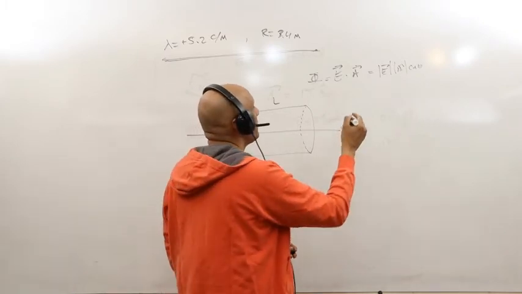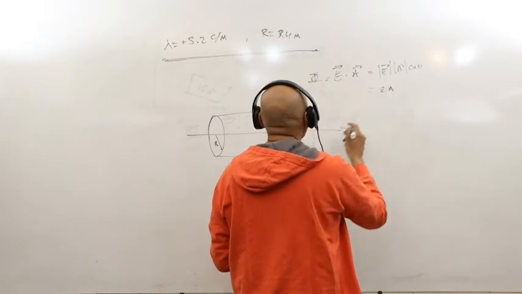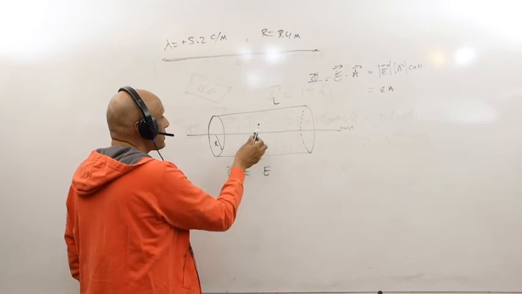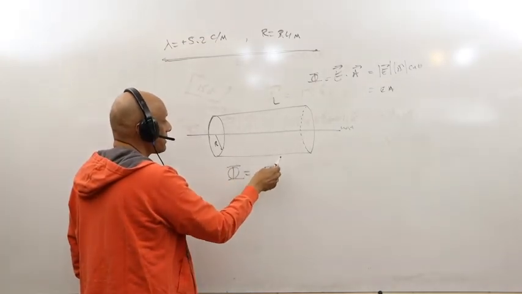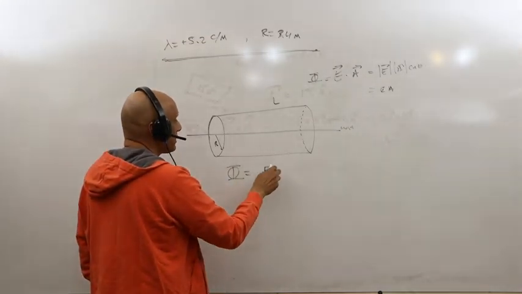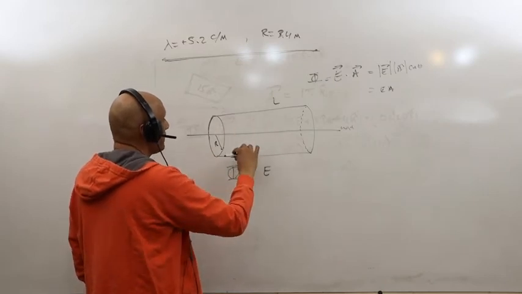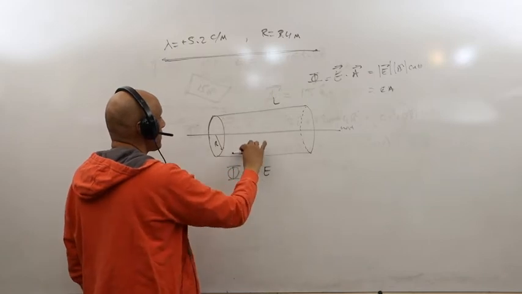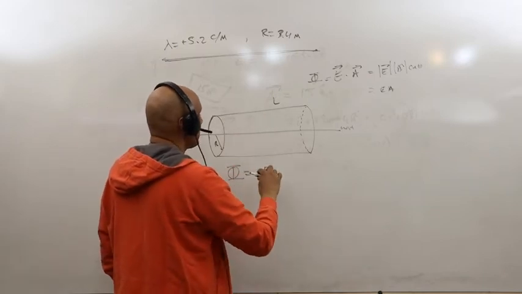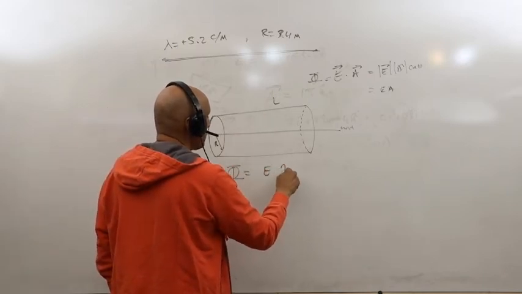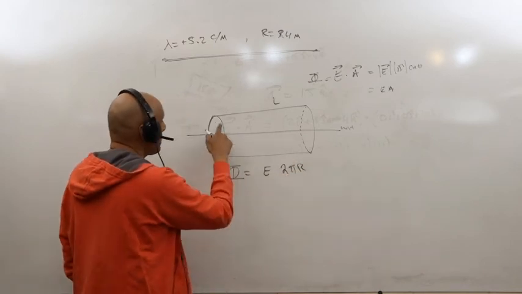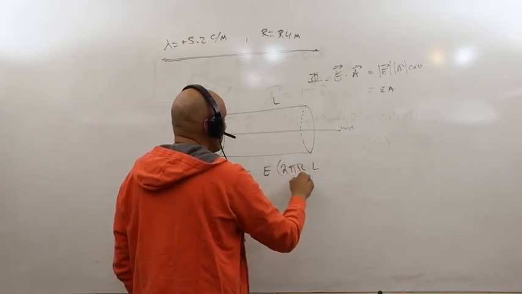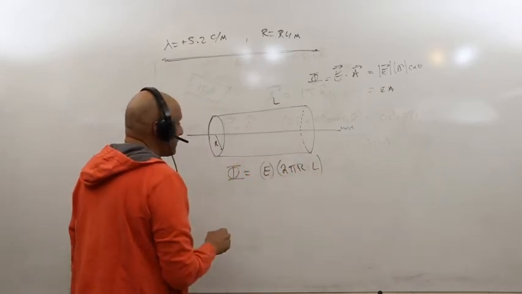So this is really E times area for every little area element. Factoring out the electric field, we get the total area of the curved surface of the cylinder. This is equal to 2 pi r, the perimeter, times the length L, times E. That's the electric flux.